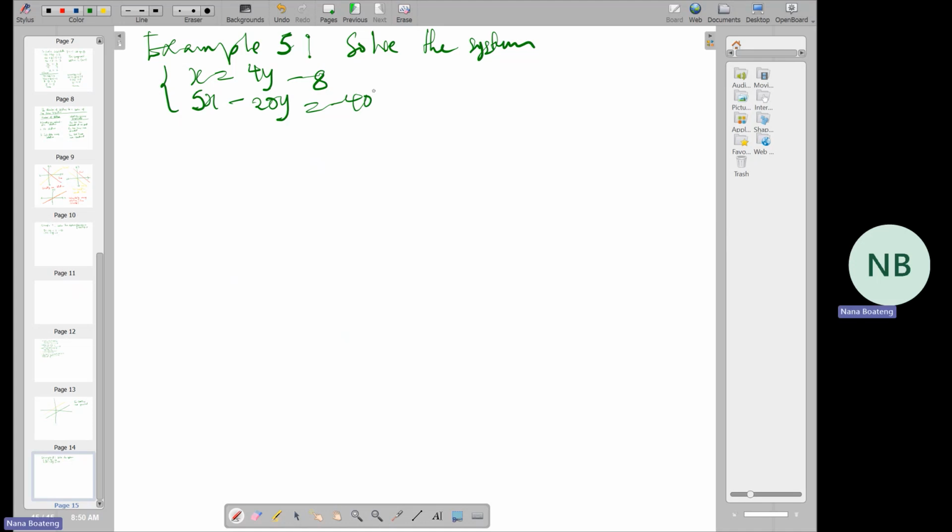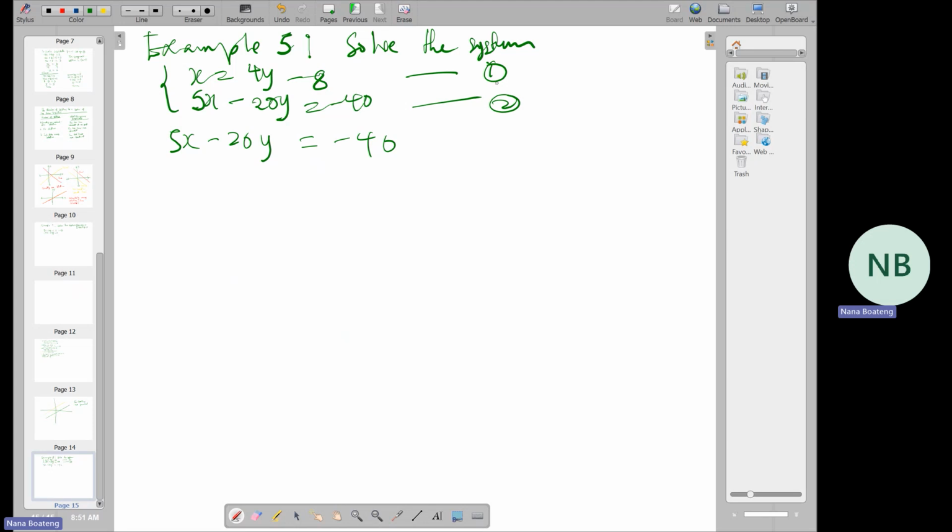All right, so the first thing is let's write both equations in standard form. The first equation is already in standard form, so it's 5x minus 20y is equal to negative 40. So this is our first equation, and this is our second equation.